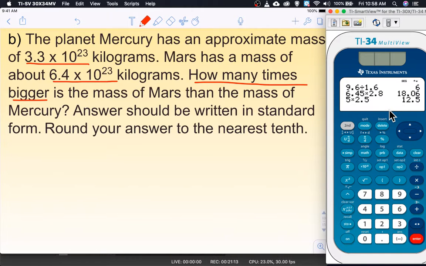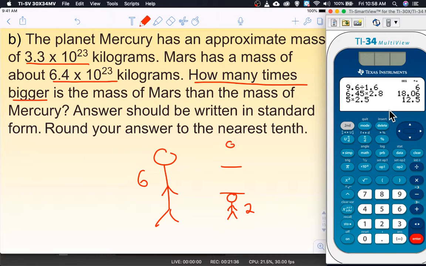And here's how I can make sense of this. If I'm standing here and I am 6 feet tall, and then there is a little kid, baby person standing here next to me, and they are 2 feet tall. How many times bigger am I than them? Well, I would be 3 times bigger.